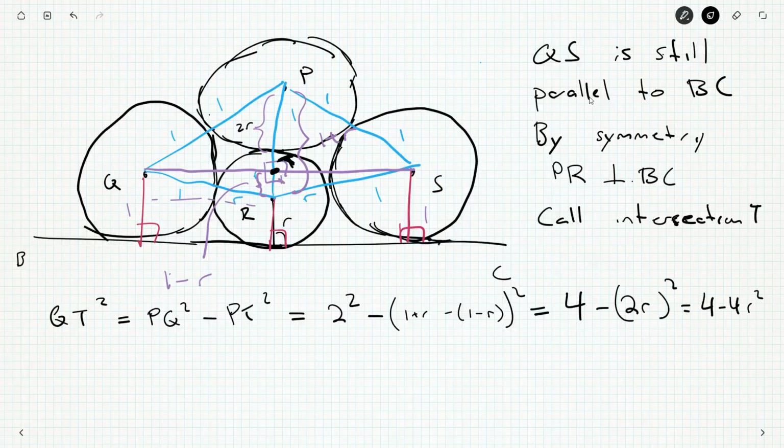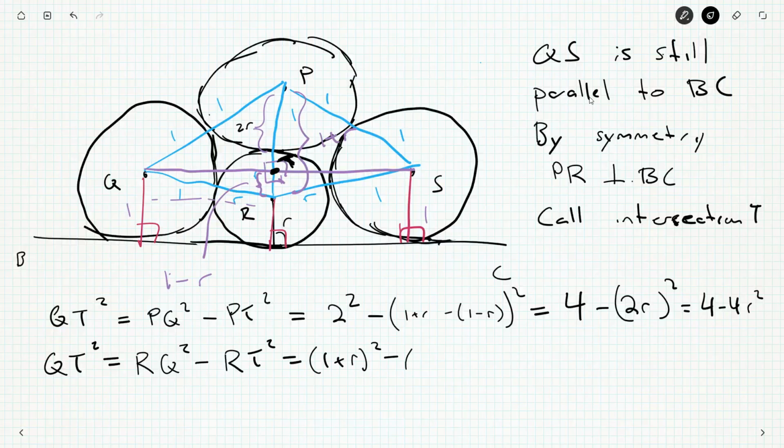Okay, so that's one way to get QT squared. We got another right angle triangle, and you should probably be saying things like RQT is right angle, but let's not waste our time right now. QT squared is also equal to RQ squared minus RT squared, and this is 1 plus r squared minus 1 minus r squared.